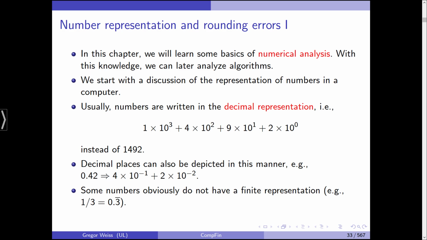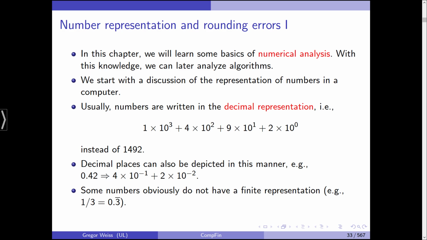Decimal places can also be depicted in this manner. For example, 0.42 is equal to 4 times 10 to the power of minus 1 plus 2 times 10 to the power of minus 2.